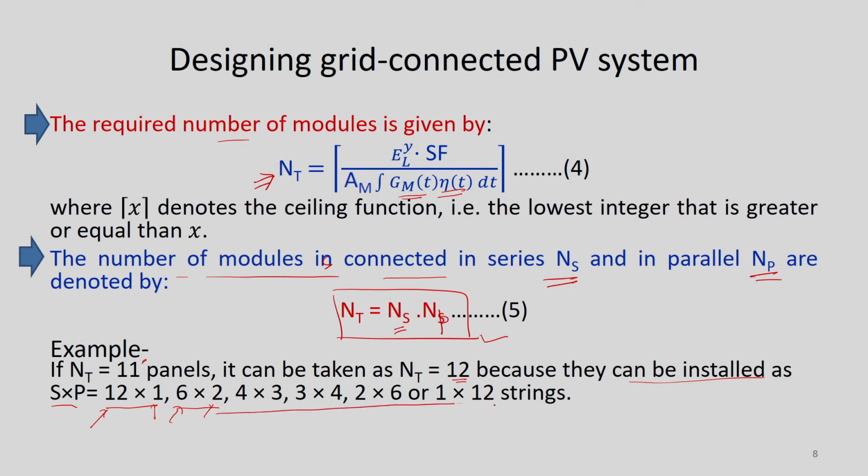So, these kinds of configurations may be adopted. Okay. So, the best combination has to be found, which will give you the maximum power output. Okay. So, we will solve problems to understand this for the betterment of the design of the grid connected PV system.